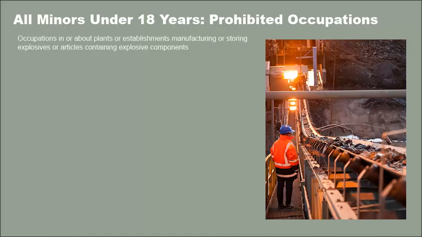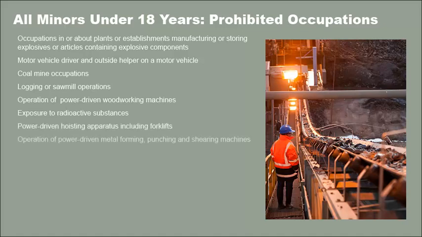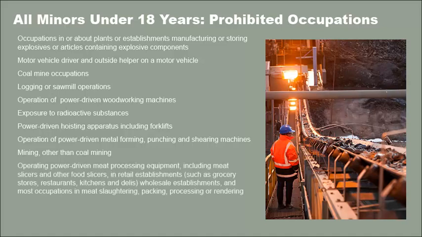Occupations in or about plants or establishments manufacturing or storing explosives or articles containing explosive components, motor vehicle driver and outside helper on a motor vehicle, coal mine operations, logging or sawmill operations, as well as the operation of power-driven woodworking machines, occupations involving exposure to radioactive substances, power-driven hoist apparatus including forklifts, operation of power-driven metal forming, punching, and shearing machines, mining other than coal mining, operating power-driven meat processing equipment, including meat slicers or other food slicers in retail establishments, wholesale establishments, and most occupations in meat slaughtering, packing, processing, or rendering.